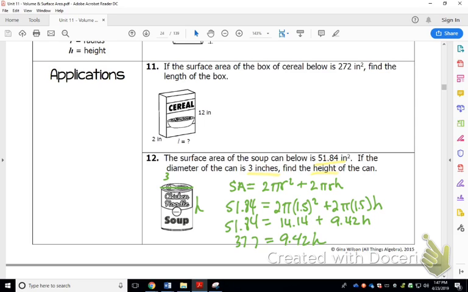And then you would divide. And let's hope you got 4. Wait, I got 27. 27 for what?